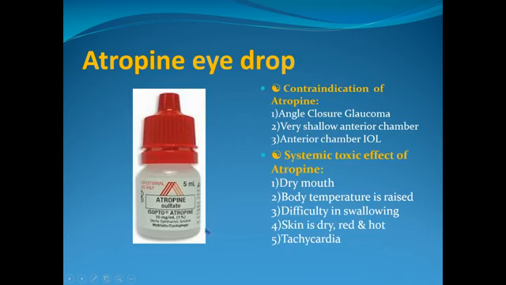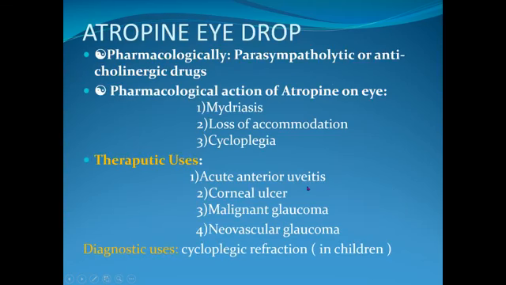Especially as this is the drop, your use should be: at first you write corneal ulcer, uveitis, then malignant glaucoma, neovascular glaucoma, and the systemic toxic effect. You should read this, and there is some pharmacological action of atropine on the eye. You should prepare.